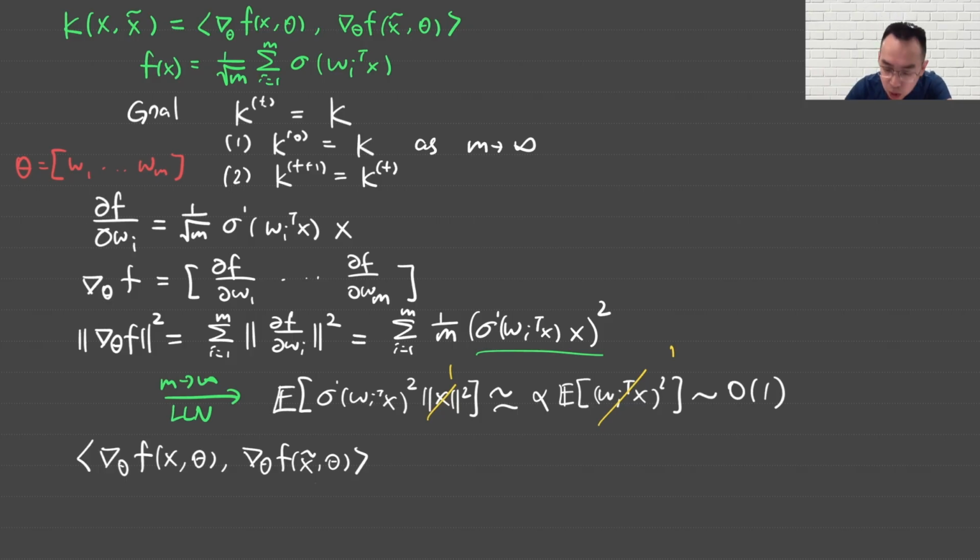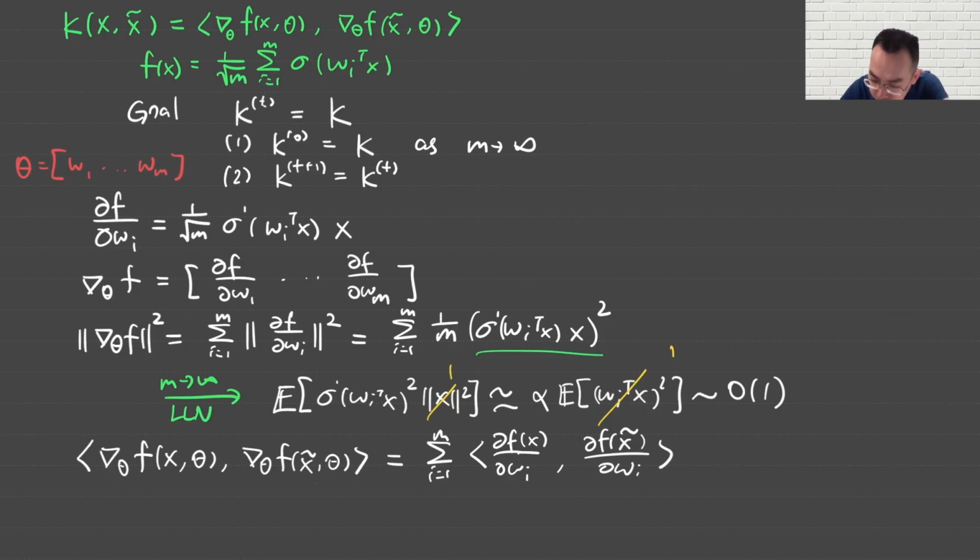This inner product, we just need to sum over all the neurons, and take the inner product for each neuron, right? So for each neuron, let's just write it in this way first: wi, this is x, and then x tilde, wi. And then we can just expand this term.